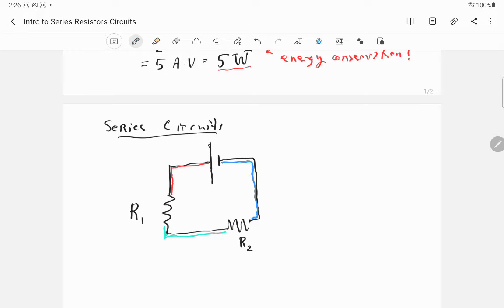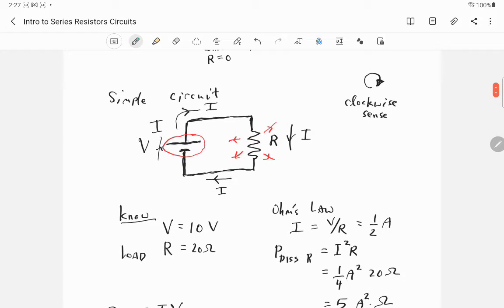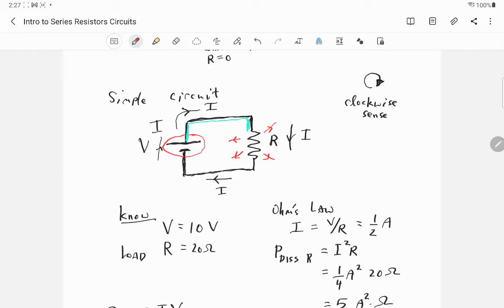So I have 3 different conductors in this series circuit. Up here, though, I only had actually 2 conductors. I had this conductor up here, and I had this conductor down here.